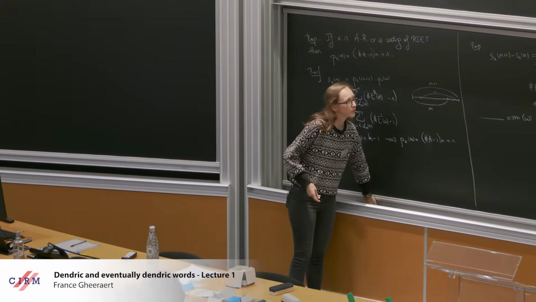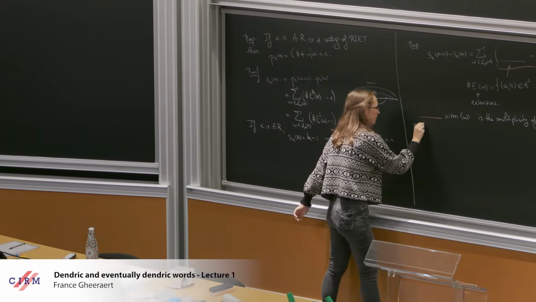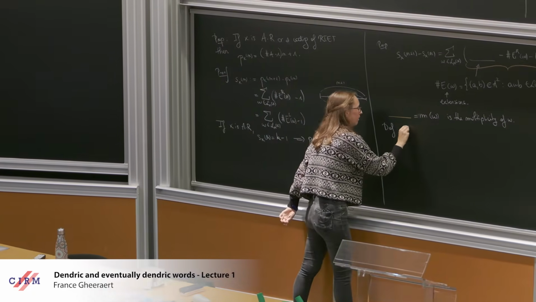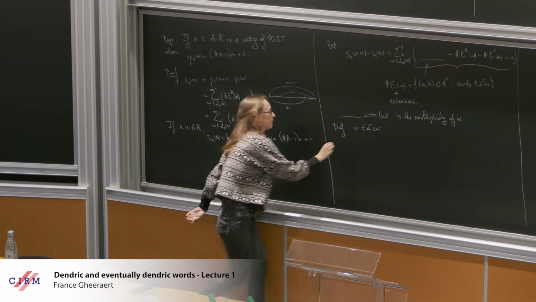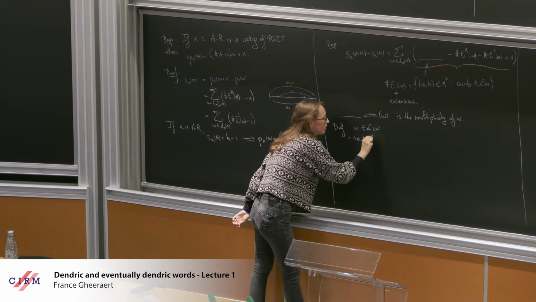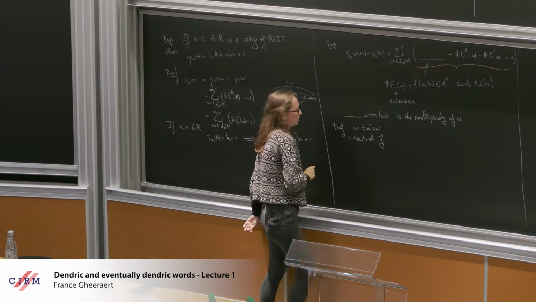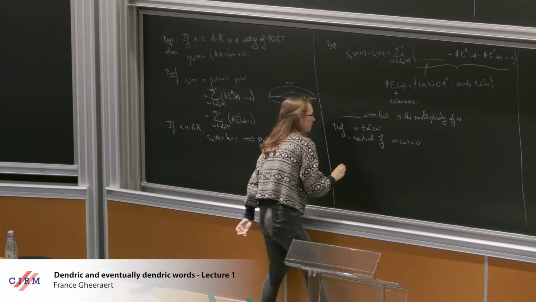Okay. So of course there are multiplicities that are more interesting than others. So we'll say that W is neutral if its multiplicity is 0.